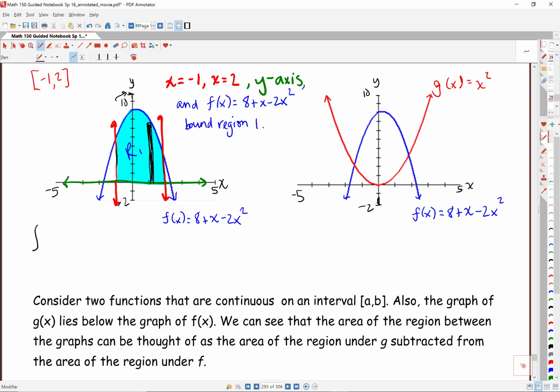But this rectangle here represents the height of the region at a given interval.